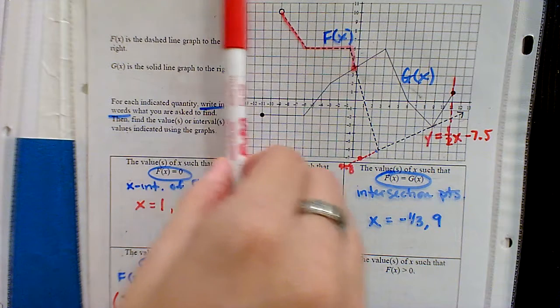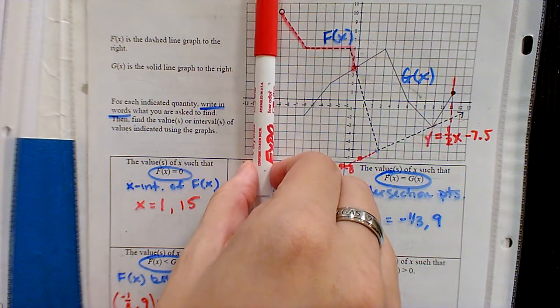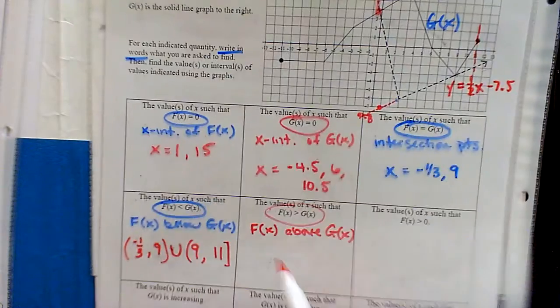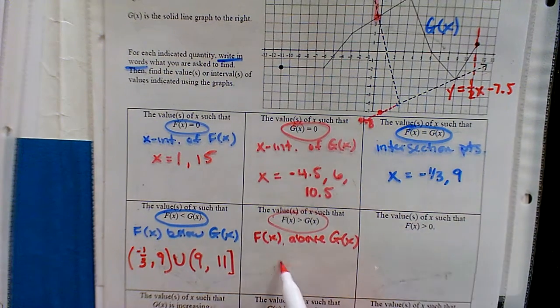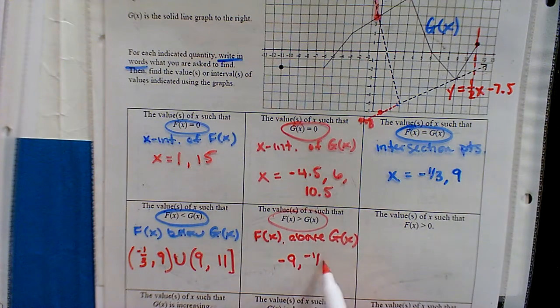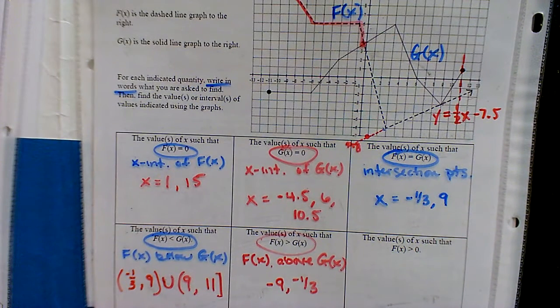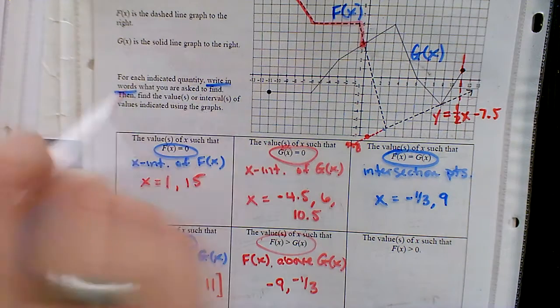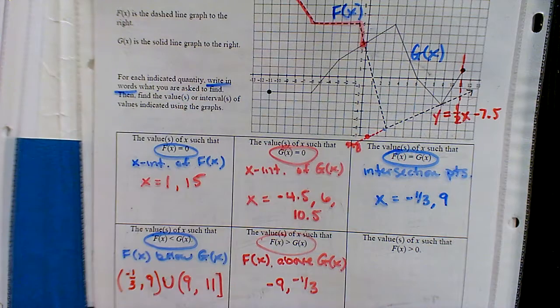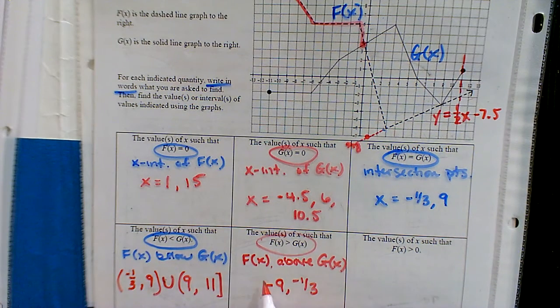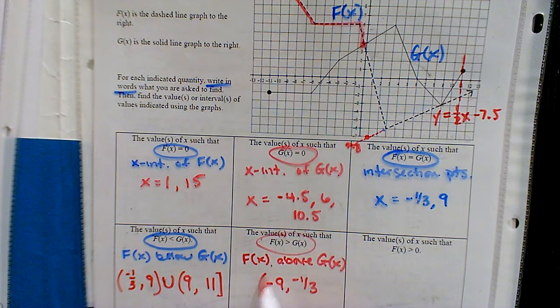So if you drag your pencil, looks like we start at -9 and then go to that intersection point. We labeled that before as -1/3. So that x value at -9, can we touch that point? No. Okay, I know it's technically above the solid line. Okay, that's true, but there's actually no point there to touch.